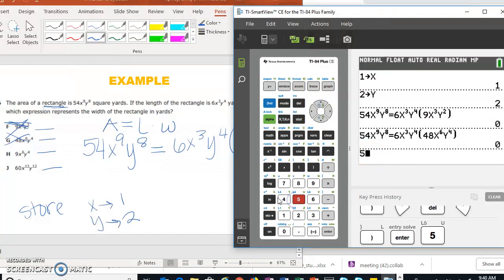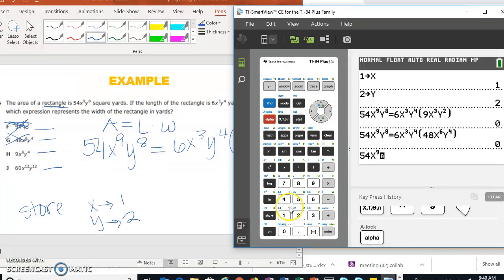So still with the 54x raised to the 9, y to the 8th.